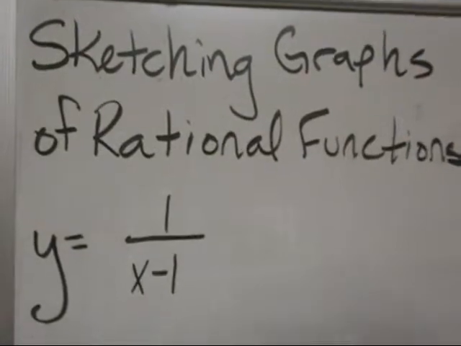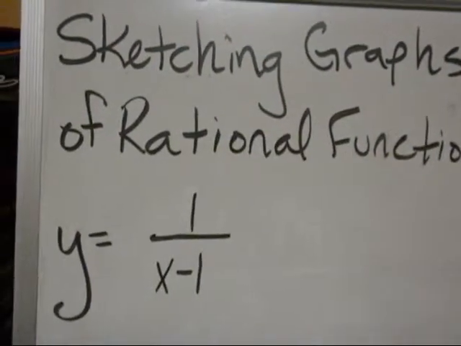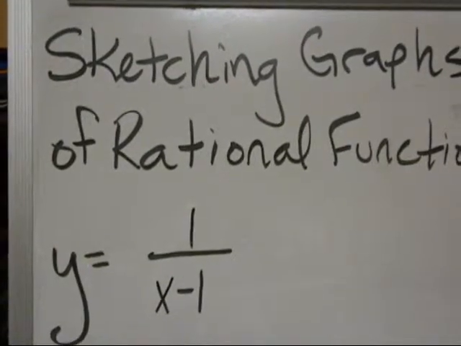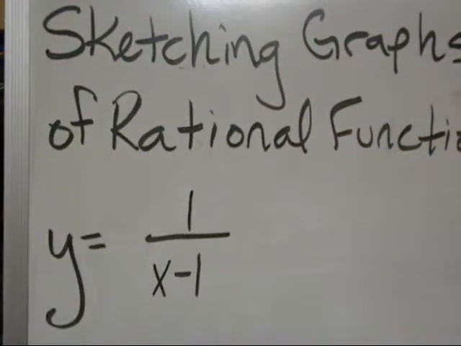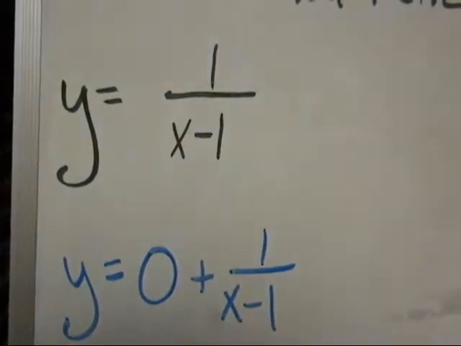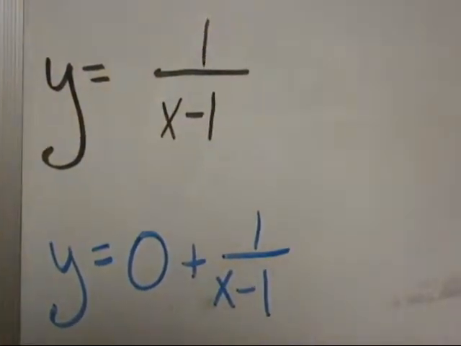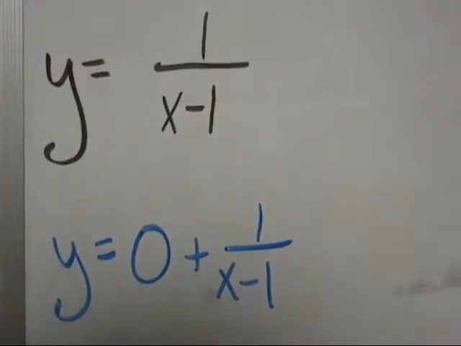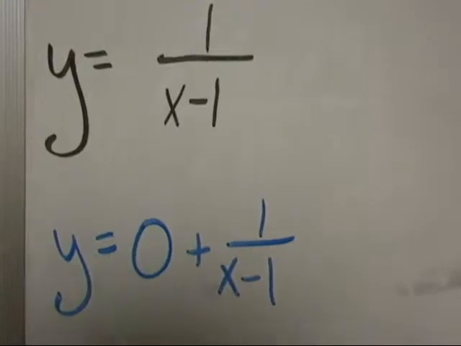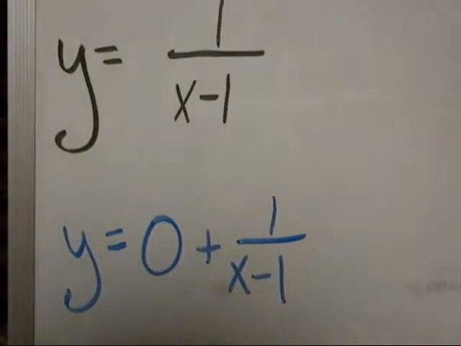Let's sketch the graph of another rational function. This one does not factor, so I could use long division, and when I use long division, the only thing that's new is the invisible 0 that is in front of my fractional remainder. Well, there's nothing for me to remove from the numerator and the denominator, so there's no removable discontinuity.